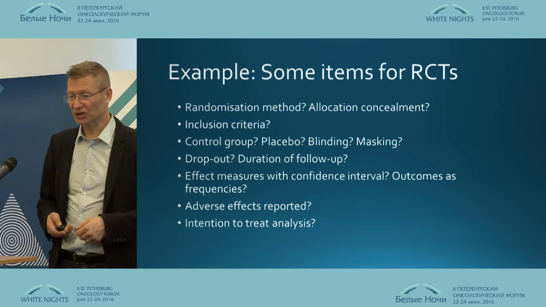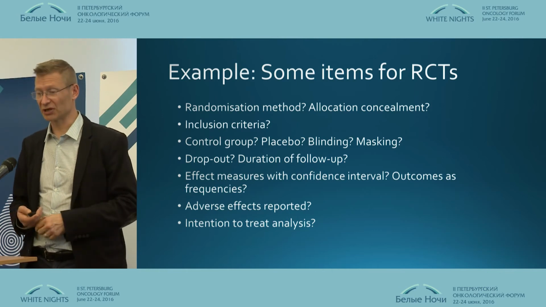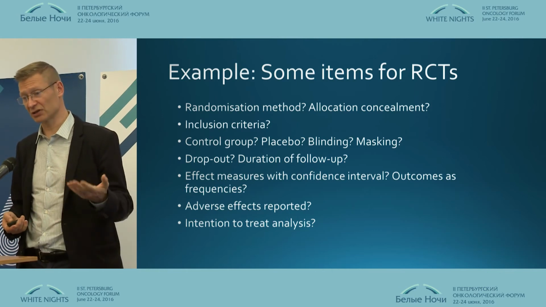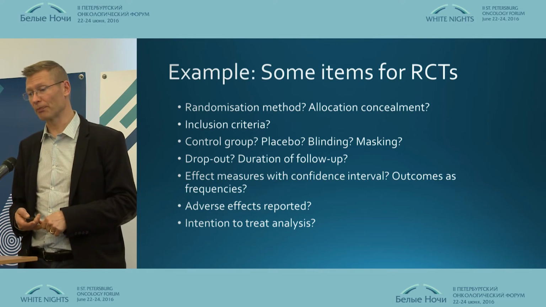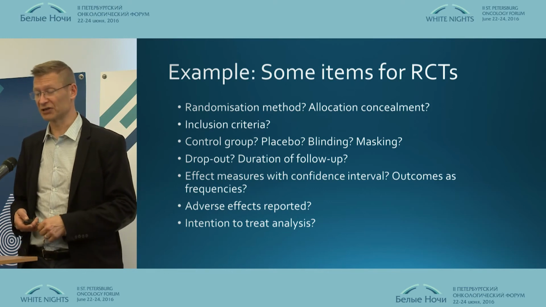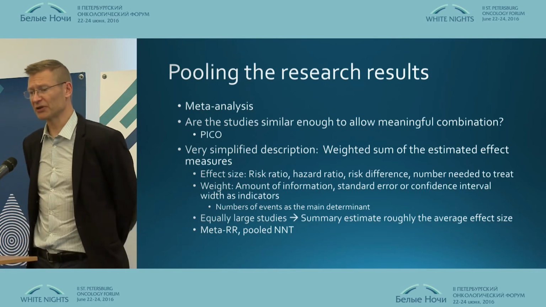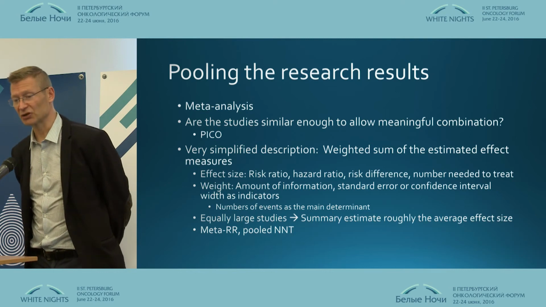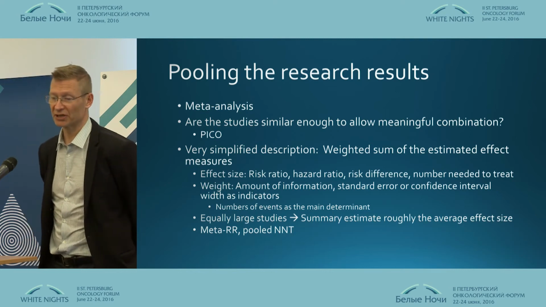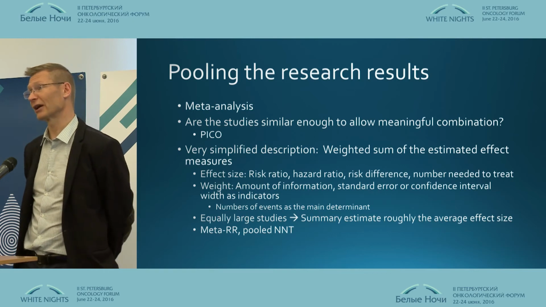Okay, well, these are just some quality assessment items for randomized trials, more or less the same that were already mentioned in GRADE. So these are just items that you should pay particular attention to when reading a paper or when doing an evidence summary. Meta-analysis, well, we'll have a separate presentation on it, but what we need to pay attention to, for instance, is whether the studies are really similar enough so that they can be pooled.